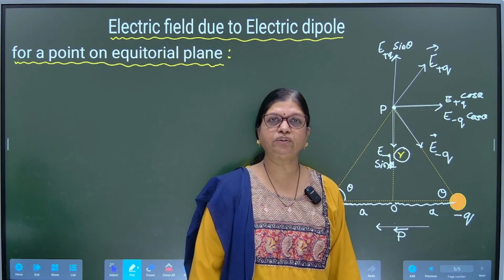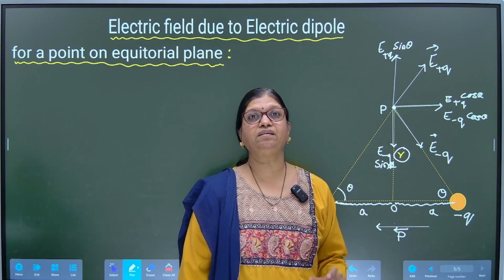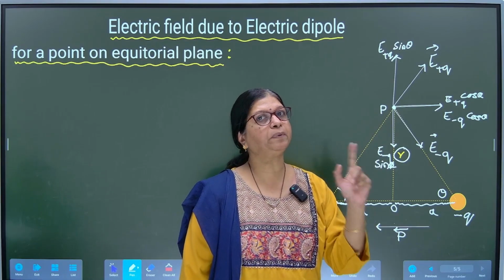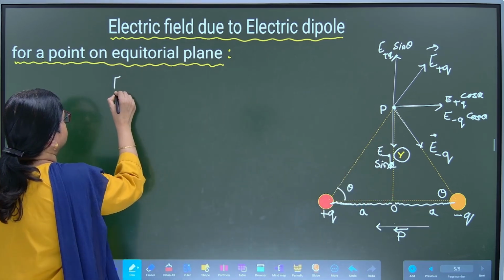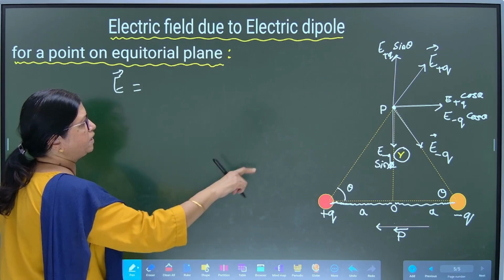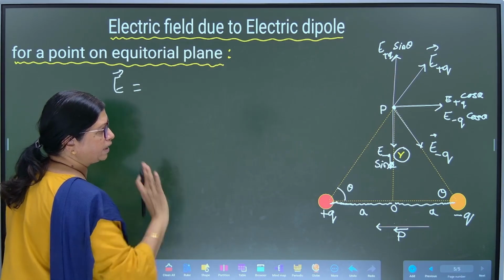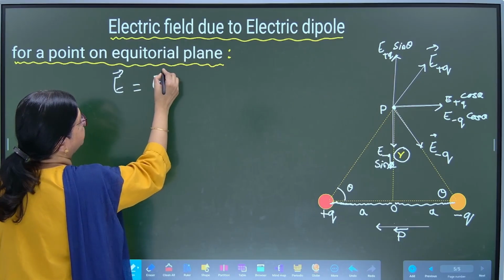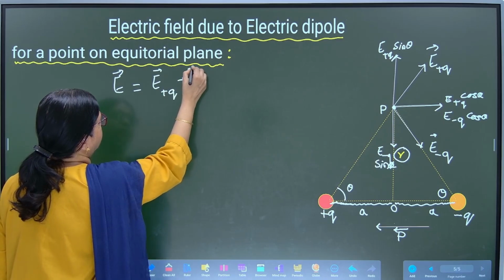Now again I use the principle of superposition for writing down the electric field on the point P due to these two charges. So what is the principle of superposition? E is equal to the summation of all the parts, or all the resolutions I have done. Correct?